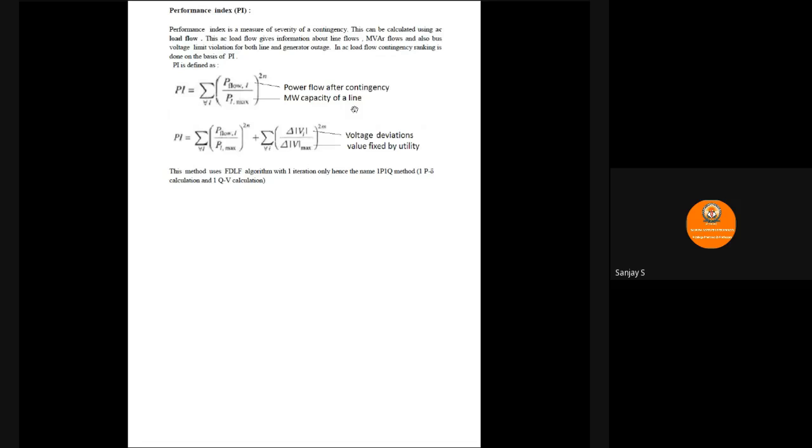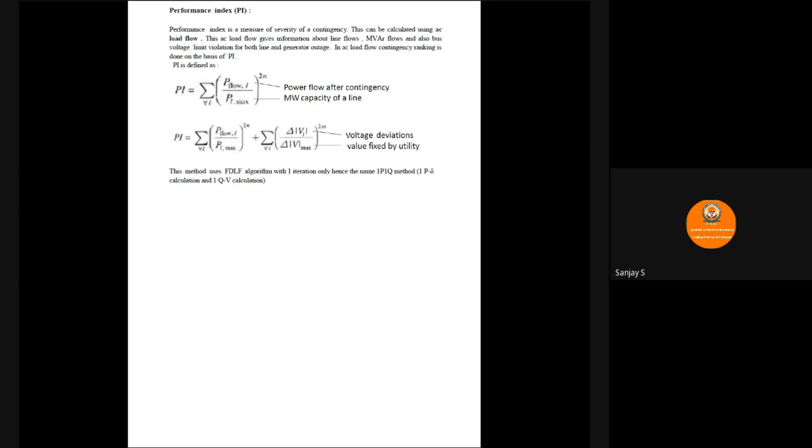Power that is flowing after the effect of contingency, that is equipment failure, divided by the actual power carrying capacity of the line. Then voltage deviation divided by value fixed by the utility. Deviation in the voltage due to this contingency divided by the expected value fixed by the utility.